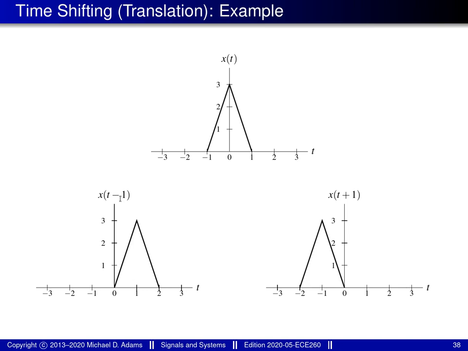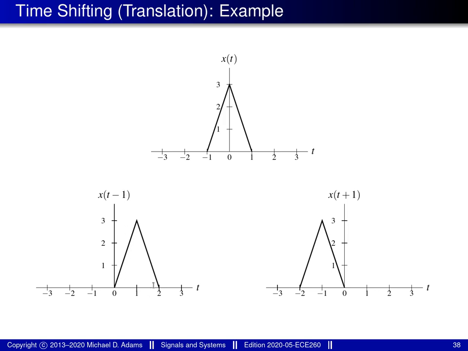This would correspond to a time shifting transformation where the time shifting constant is 1. Remember that we're replacing t by t minus something in the case of a time shifting transformation. So the thing that we're subtracting here is 1, therefore we're shifting by a value of 1. Since 1 is positive, we're shifting in the positive direction, in other words in the rightward direction.